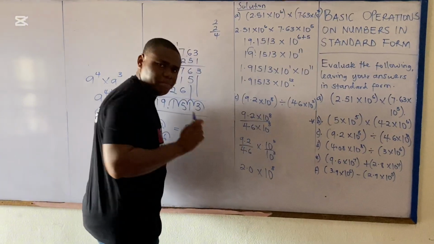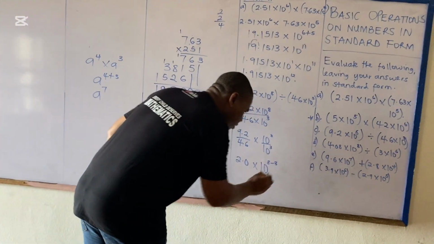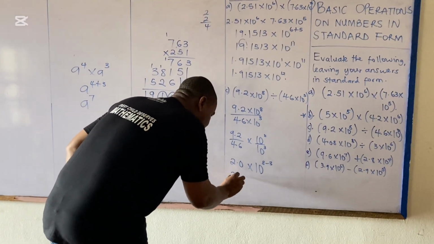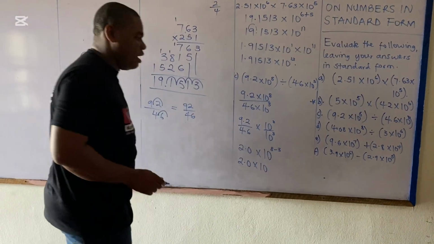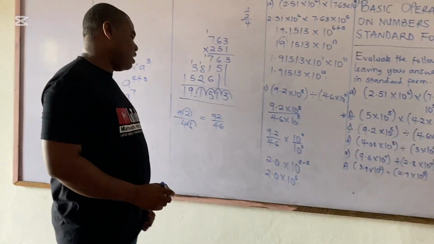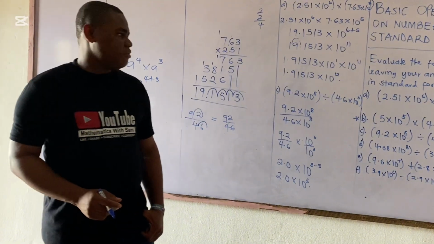For division, I should use a minus sign based on the laws of indices. So we use minus 3. So in this case my answer will be 2.0 times 10 raised to the power of 8 minus 3, which gives me 5. So the final answer is 2.0 times 10 raised to the power of 5.